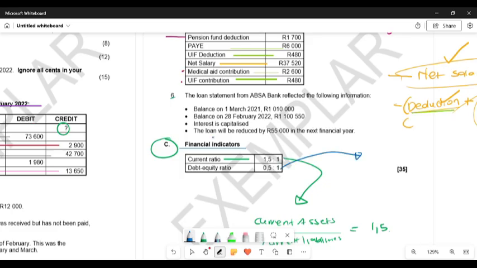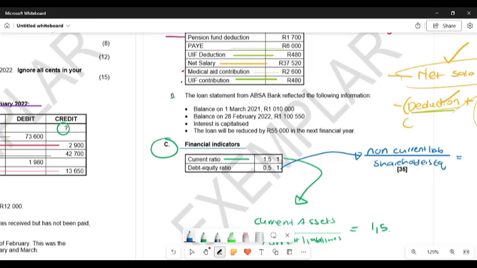Now, this is just a tip: whenever they give you a line item and don't give you any information with regards to it, it simply means you need to use the financial indicators you're given. Now, remember, what exactly is the debt to equity ratio? You need to know the formulas. Your non-current liabilities divided by your total equity, your shareholders' equity.